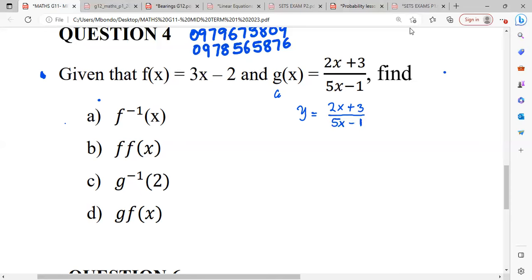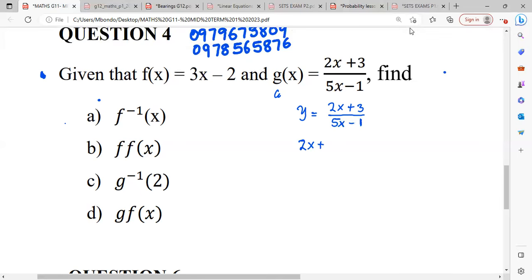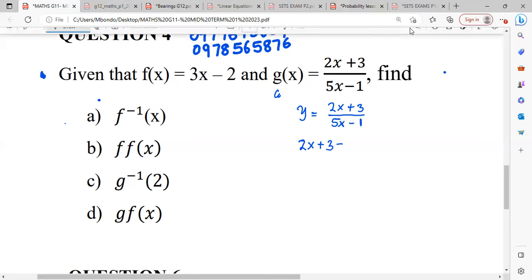So it could be, let me say, 2x plus 3 equals... Then you multiply the y by 5x, which will give you 5xy.